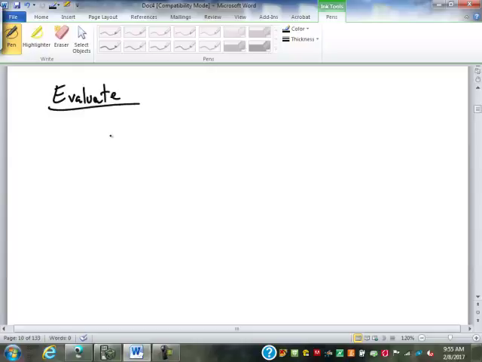So you might be asked to evaluate m squared minus 5m plus 11 for m equals negative 3. So what this means is we're going to replace the m everywhere we see it with a negative 3.